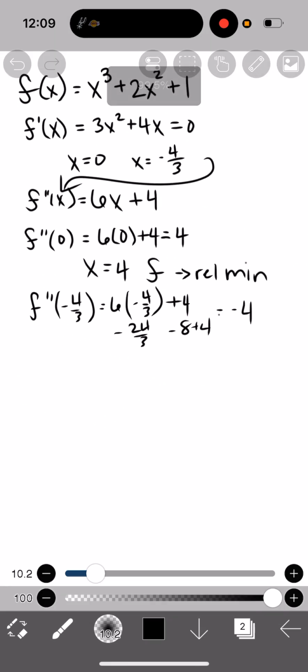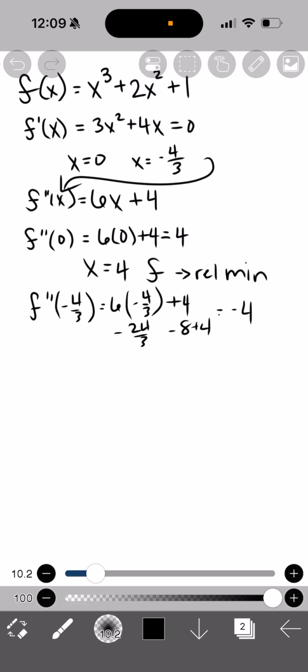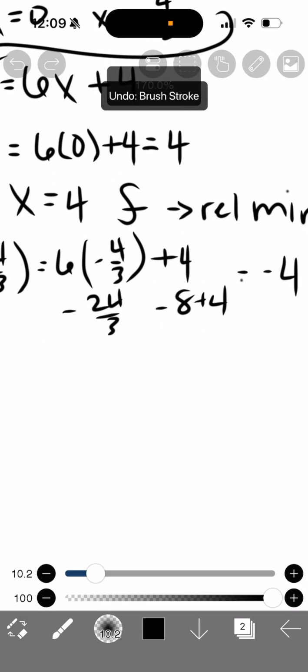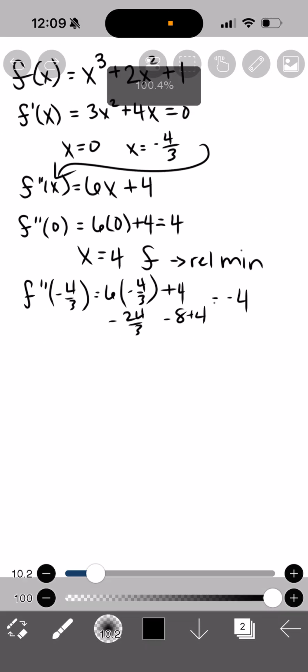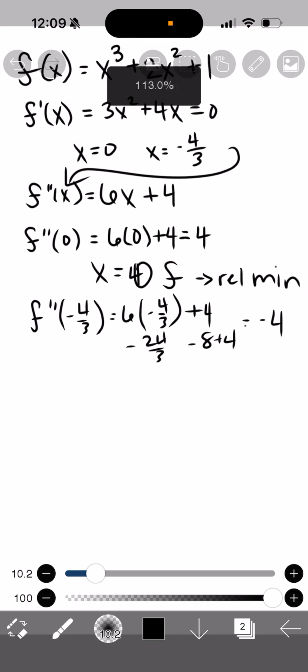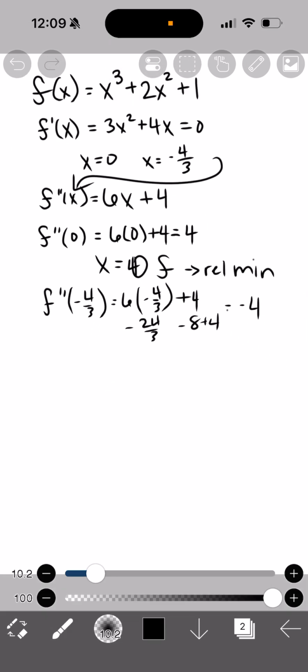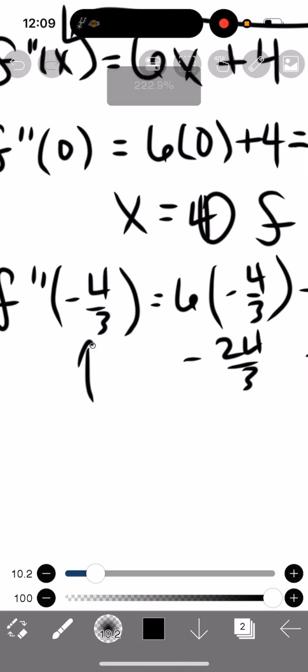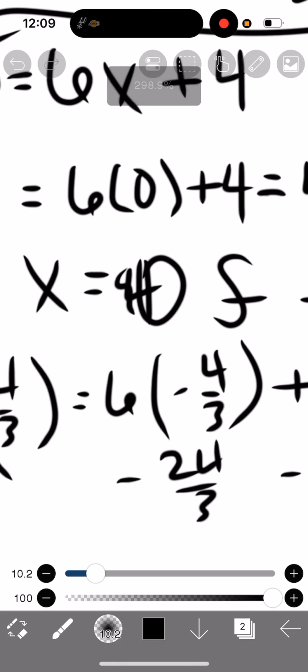And since it's negative, since f double prime of x is less than 0 at the critical point, basically saying that number is negative, there is a relative, oh wait, sorry, I messed that one up earlier. There is a relative maximum at x equals negative 4/3. Ignore that.